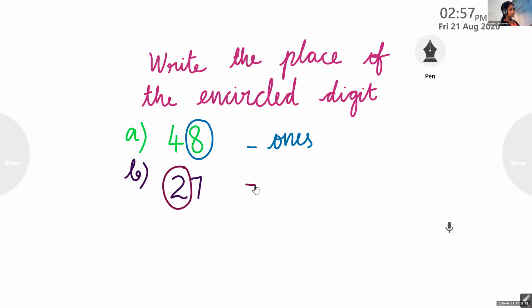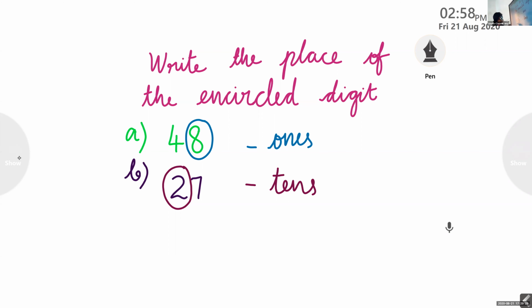Abel, what is the place of 2 in the number 27? Is it ones or tens? Tens. Very good. The place of 2 in the number 27 is tens.